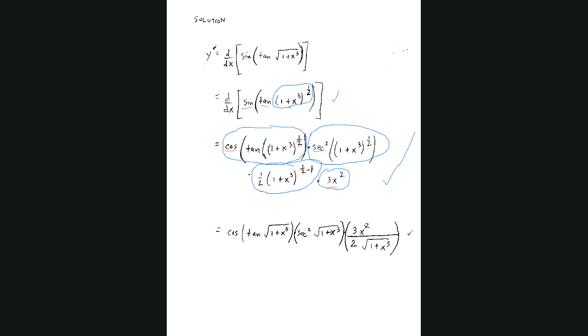So my derivative, y prime, is equal to the cosine of the tangent of the square root of 1 plus x cubed times secant squared of the square root of 1 plus x cubed times 3x squared over 2 times the square root of 1 plus x cubed.